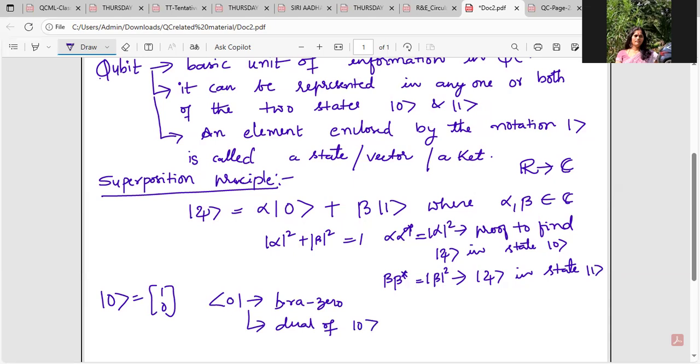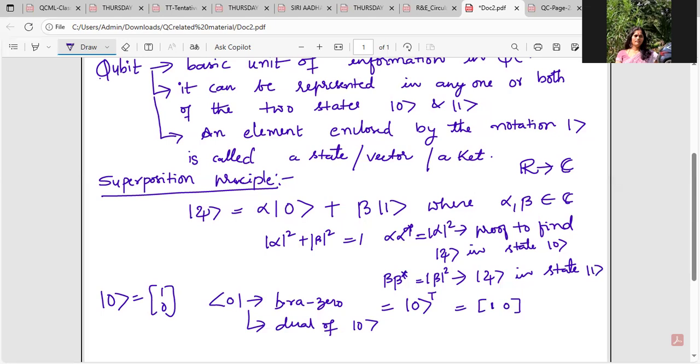So what does this represent is my motive in writing this. What it represents is very simple. I have written the reverse of it, so it's just the transpose. Since ket 0 is a column vector, its transpose would be a row vector.